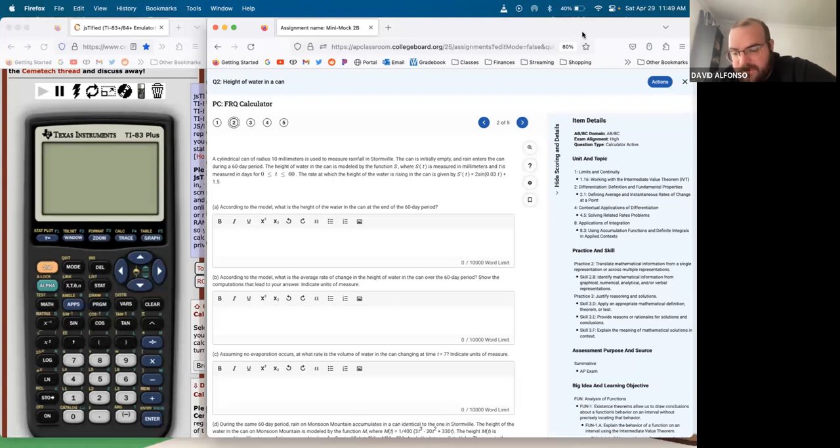Very good, Emma. That is correct. But remember, 3 decimal places. You're not going to get the points if you don't type in the correct amount of decimal places. No, Sydney, that is not correct.